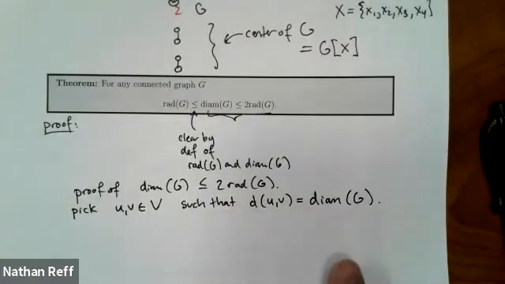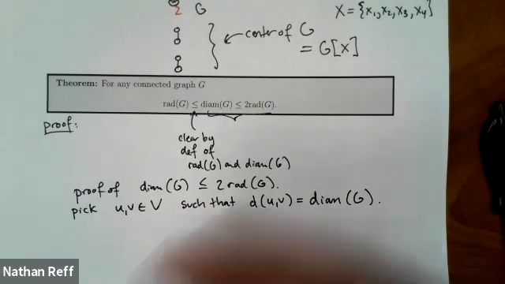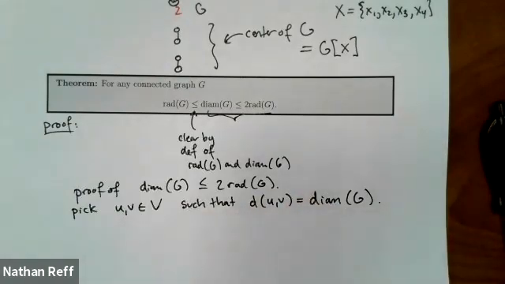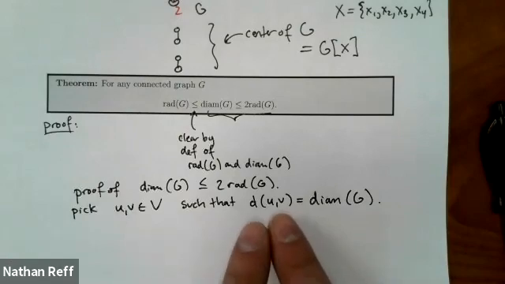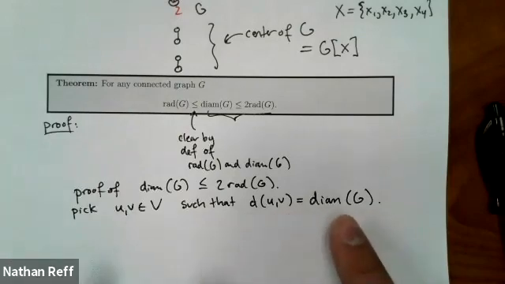Now, by definition, you can think of the diameter in two different ways: it's the maximum distance in the entire graph, or the maximum eccentricity. Do we all agree that such a pair has to exist in the first place? Because if it didn't, there would have to be something smaller, and that would be the diameter. So there has to be some distance in the graph that's maximum.